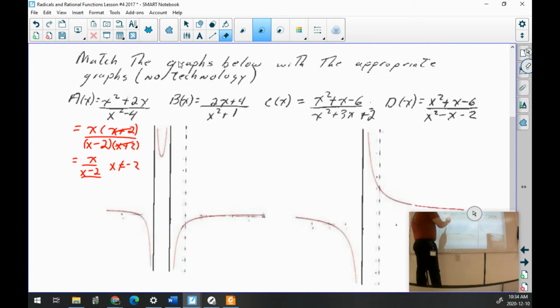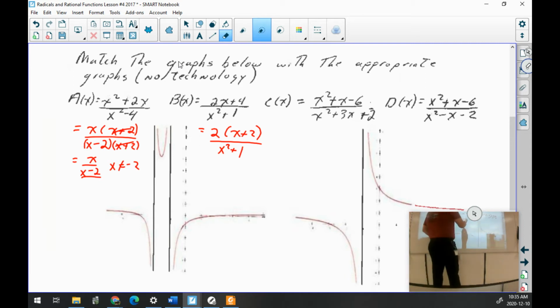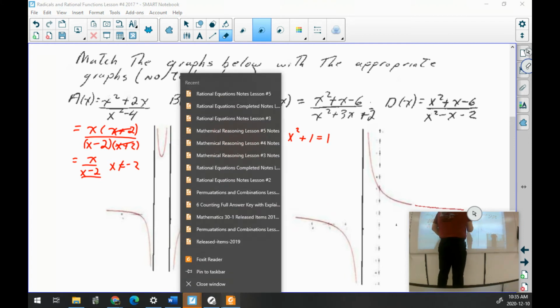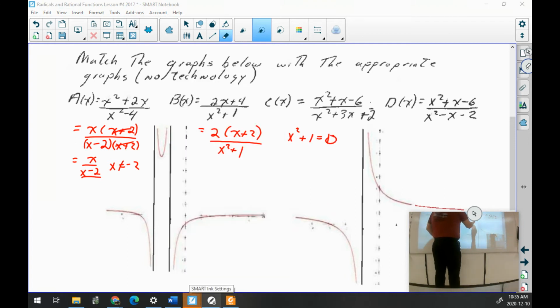This one here, I'll take out 2, that'll give me (x plus 2)(x squared plus 1). Can't factor x squared plus 1 because there's no number that's going to make that, it's a sum of squares. What that means is we would have a vertical asymptote where x squared plus 1 equals 0.